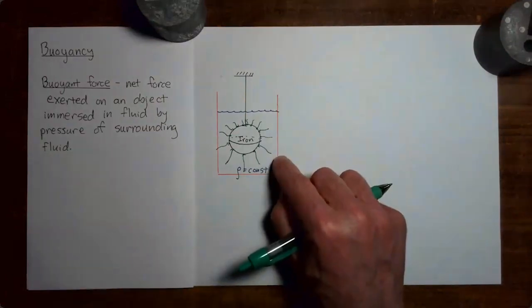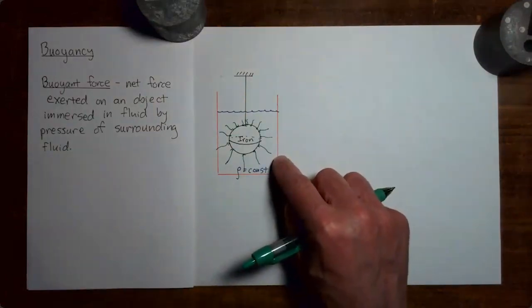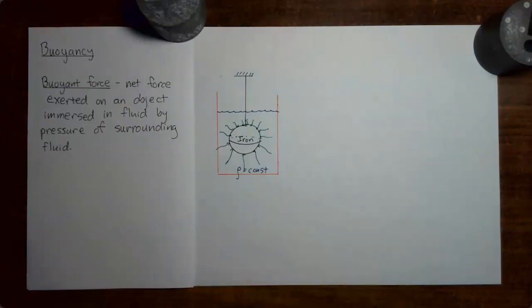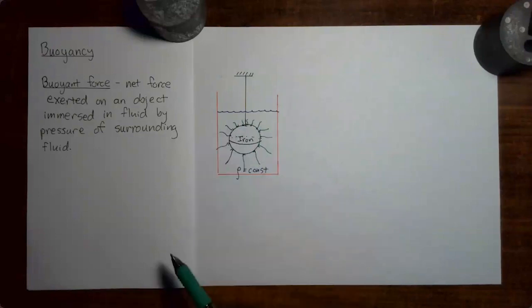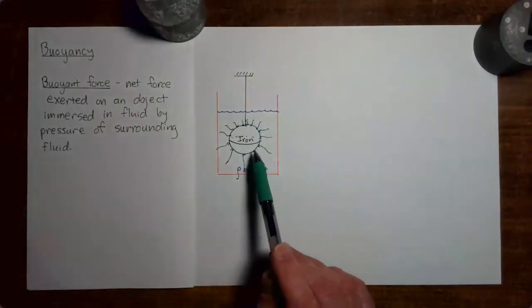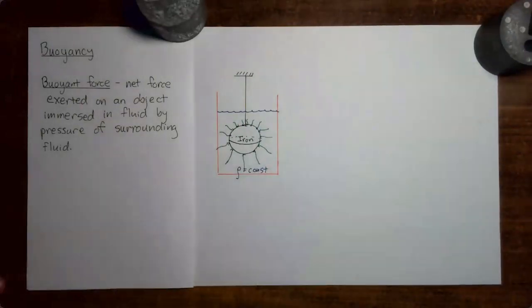If we were going to calculate the net force that the pressure exerts on the iron sphere using a direct method, that would require third semester calculus, and even then, it would be a pretty ugly calculation. But maybe we don't have to do that. Maybe there's a trick we can use so that we don't actually have to use methods from calculus 3 to figure out the net force that the pressure exerts on the iron.